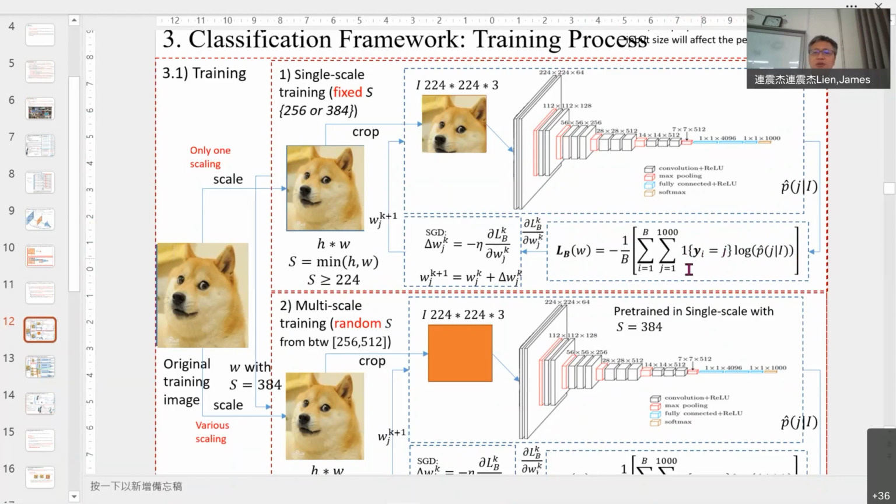Even though it's a summation from 1 to 1,000, your input is only one selected class. Suppose right now we classify dog. Only the dog entry is 1, the others are 0. But this kind of loss function is not good.